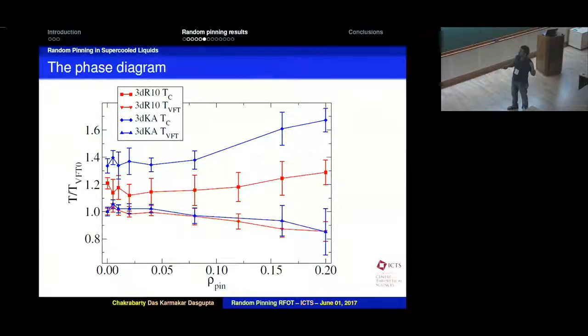Here we show that within error bar it does not increase, and so we explain it by saying that the fragility is the one which causes the slow dynamics and not a change in the transition temperature. There are two ways in which you can make a liquid slow: one is by decreasing the fragility, or by increasing the transition temperature, and the fragility is the one which is responsible for the slowness of dynamics of pinned liquids.